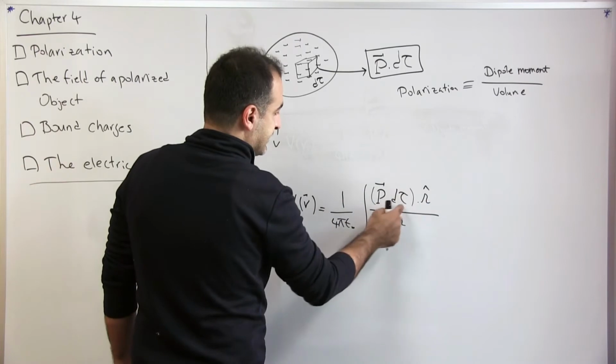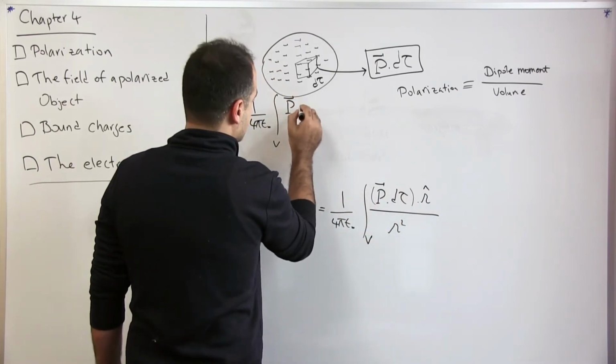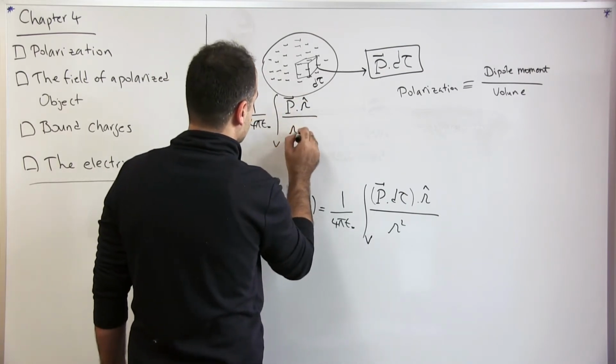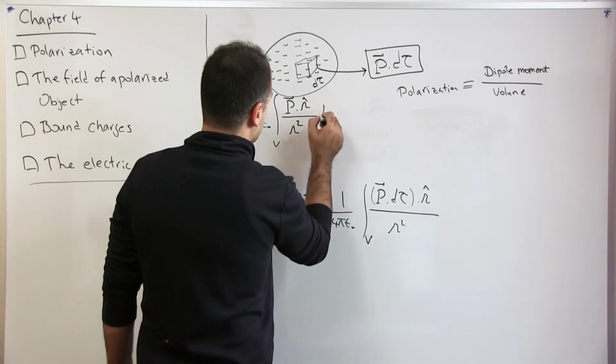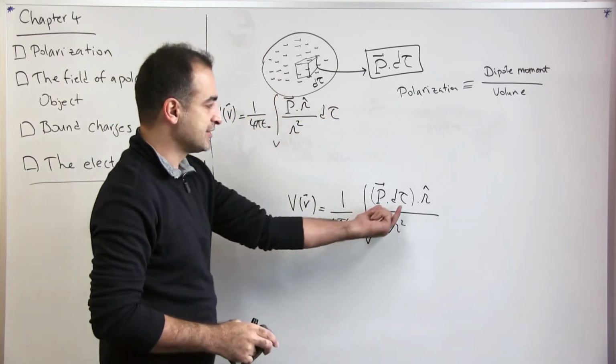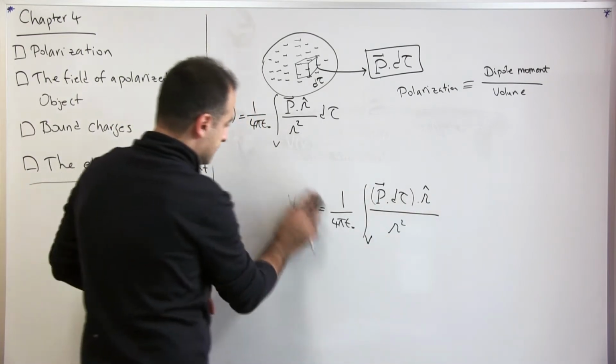Here I want to rearrange it and write P polarization dot r hat divided by the distance vector squared, d tau. This is exactly the same thing. I just rearranged and put d tau after the fraction. This looks a lot better.